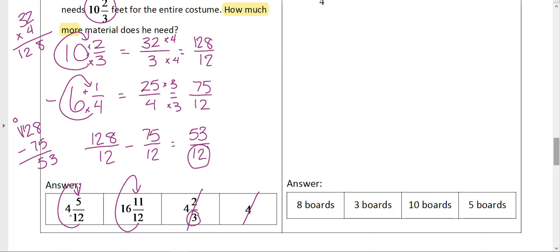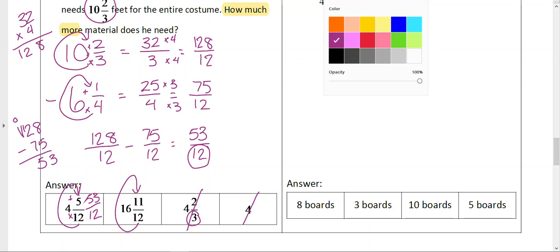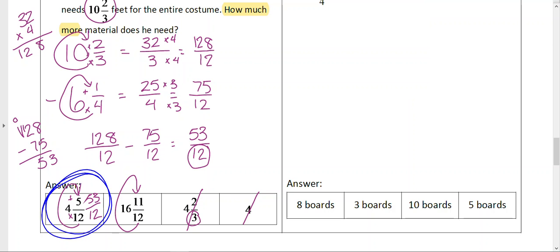If I multiply this, I can do 4 times 12 gives you 48, plus 5 more gives me 53. So I have 53 over 12 for this one. So more than likely, that one's going to be our answer. Because 16 times 12 is going to be like a crazy number there. So it can't be this one. That's going to be way too much.